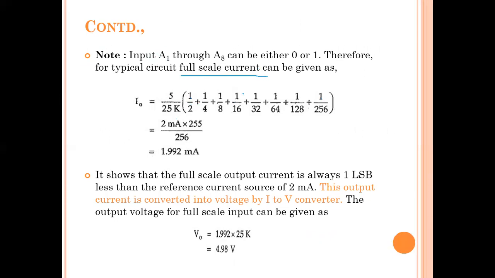If you consider this, this term will be equal to 255 by 256 and this ratio will be equal to 2 milliamps. So if you calculate from this, you will get 1.992 milliamps, which is approximately equal to 2 milliamps. So this is the full scale output current that is obtained.